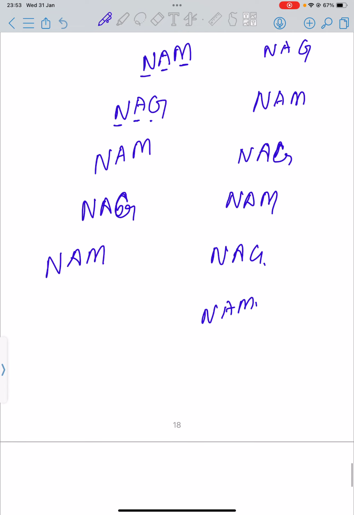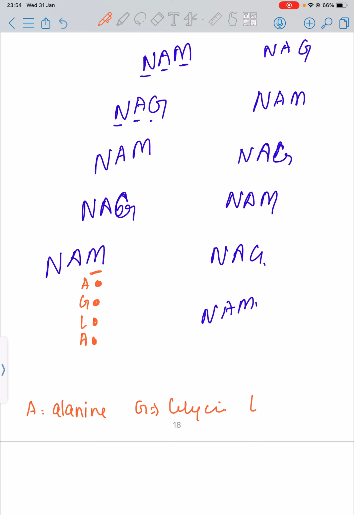Now suppose in this muramic acid chain there is one side chain consisting of tetrapeptides, that is 4 peptides, A, G, L, A. A stands for alanine, G for glycine, L for lysine, and A again for alanine.